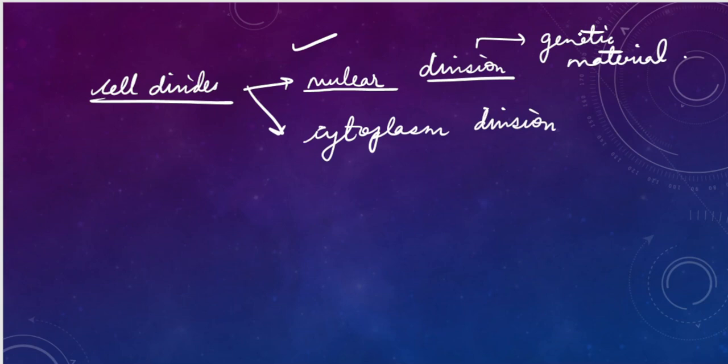Okay, next, if we want to see the DNA, I will put an image for DNA. See, now DNA, when it is present in the nucleus, it is present in some form.